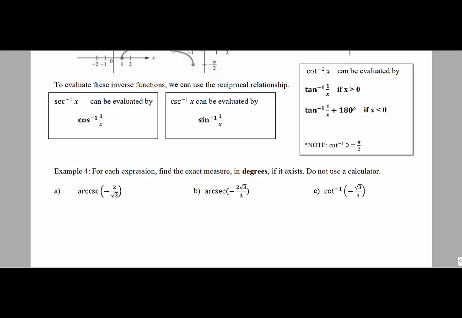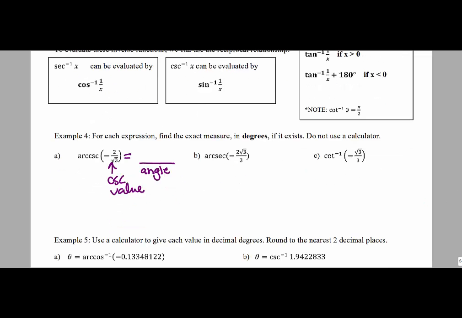For example 4, we are looking for the exact measure in degrees of the indicated angle. So we are looking for arc cosecant of negative 2 divided by the square root of 3. We're looking for the angle that has that cosecant value. To determine that, we can use the reciprocal function to help us think through it.